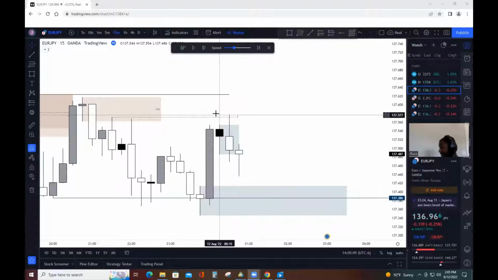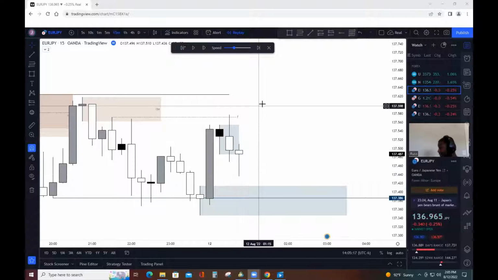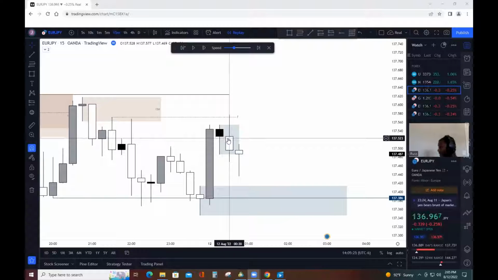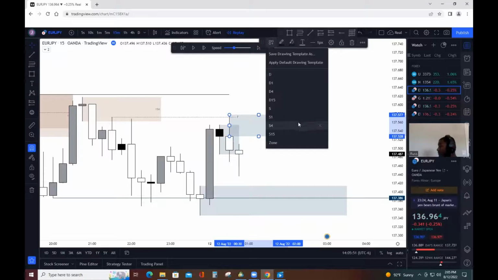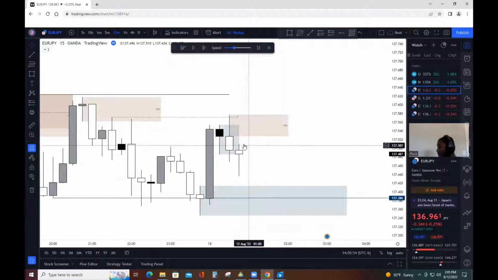Broke that demand, made this sweep, broke this demand. As long as we don't get into this demand, we're going to come back up in here and sell into this demand. And so just like the long scenario that we explained, after this sweep happened and broke this demand right here, it left an unmitigated wick, which is the supply.